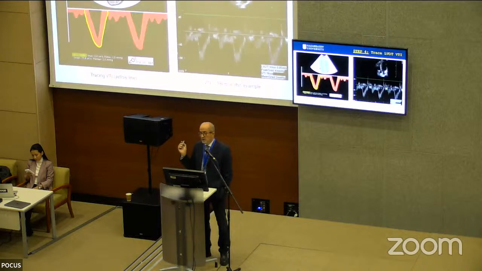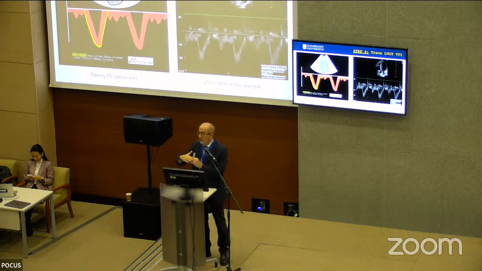So we get this type of curve that is the velocity of the blood over time. We trace the spectrum of this wave and we get the velocity time integral. The unit of measurements is centimeters, and this means that the VTI, so the velocity time integral, gives you the measurements of the height of the cylinder.